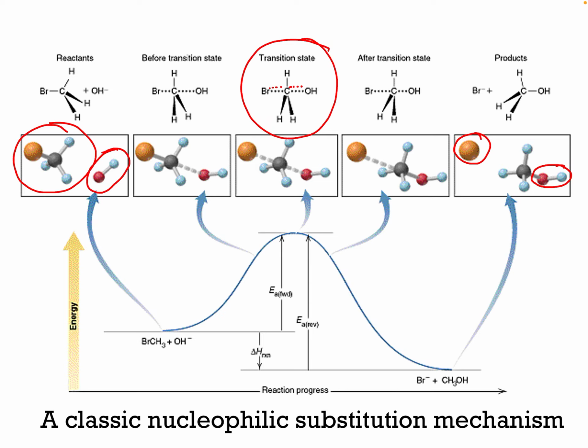So again, just looking at this, I know it's hard to see, but the activation energy is always going to be from the reactants to the top of the activated complex, right? Up to the top of that transition state. This says forward, okay? This is the energy of the forward reaction, assuming the reaction is going this way.